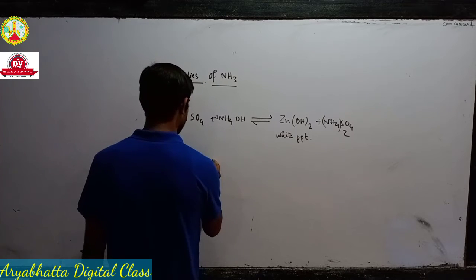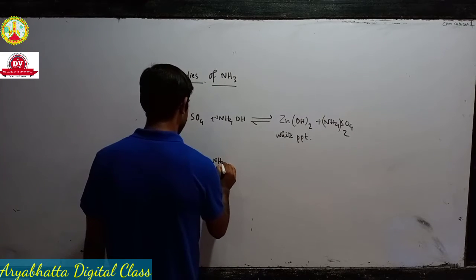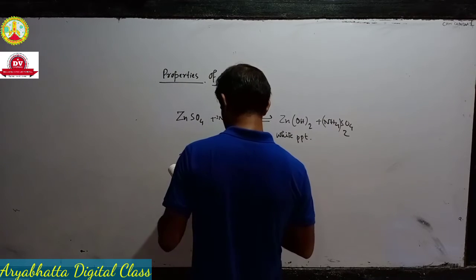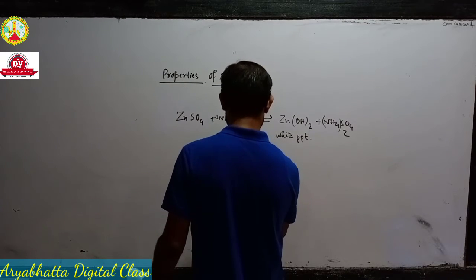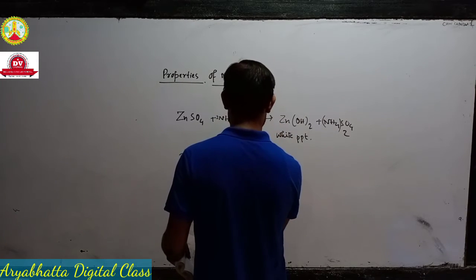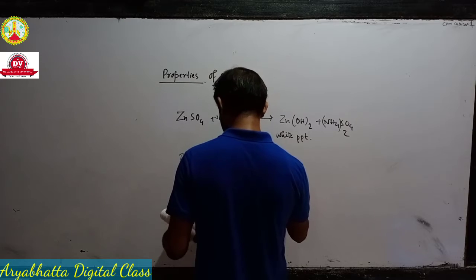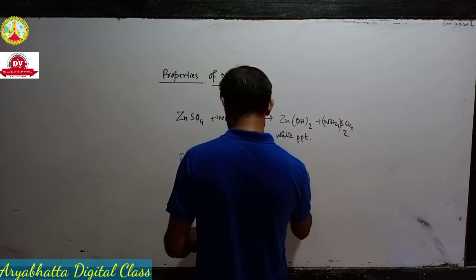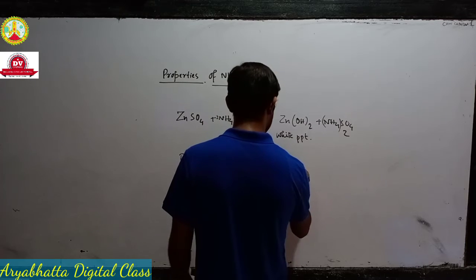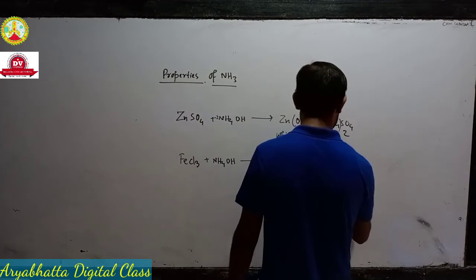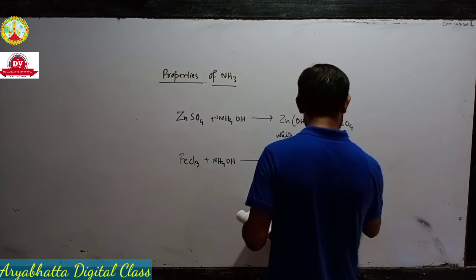Similarly, FeCl3 when it reacts with ammonium hydroxide gives ferric hydroxide, Fe2O3 hydrated salt, and ammonium chloride.